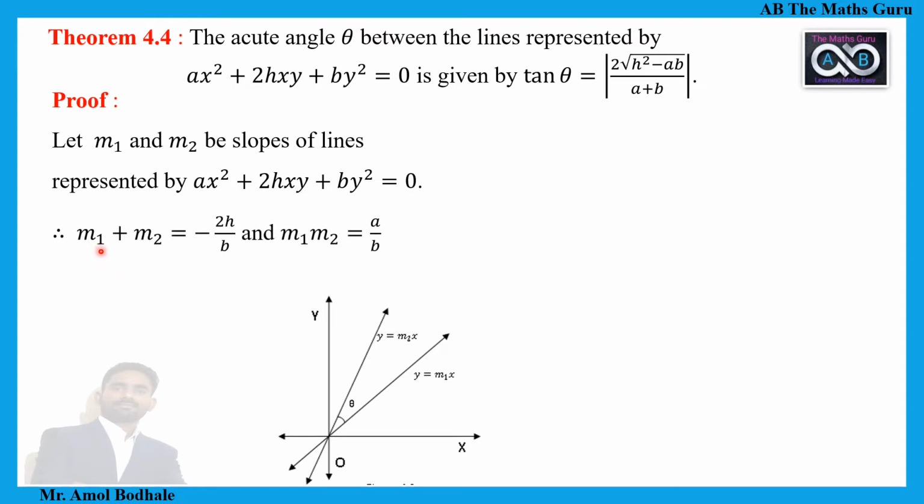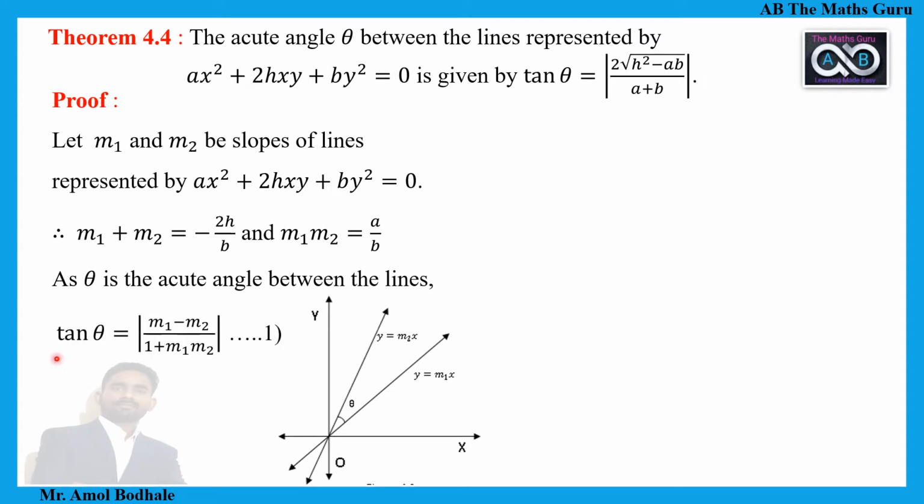So m1 plus m2 is equal to minus 2h upon b and m1 into m2 is equal to a upon b. As theta is the acute angle between these lines, we know the formula tan theta equal to mod of m1 minus m2 upon 1 plus m1 m2.